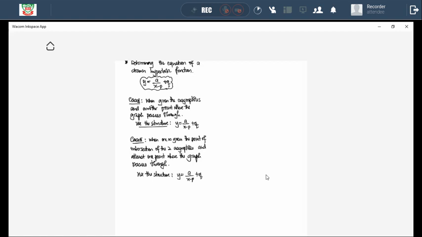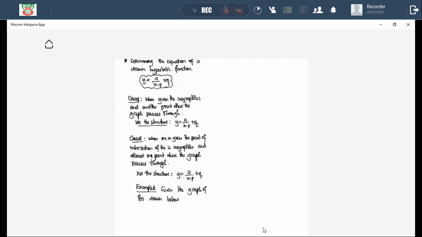Let's call this example number 1. Given the graph of f of x drawn below, I'm trying to come up with a sketch.